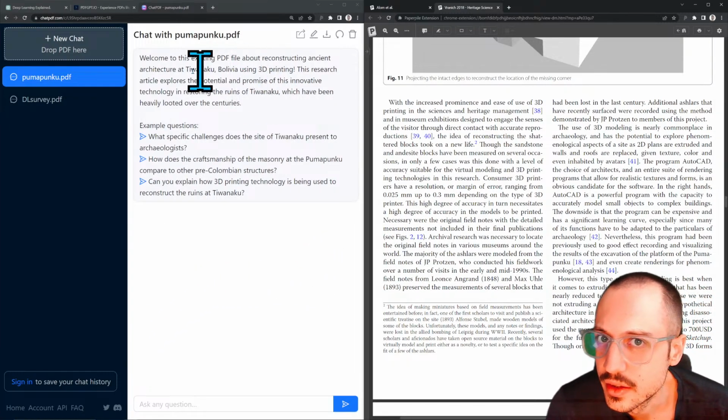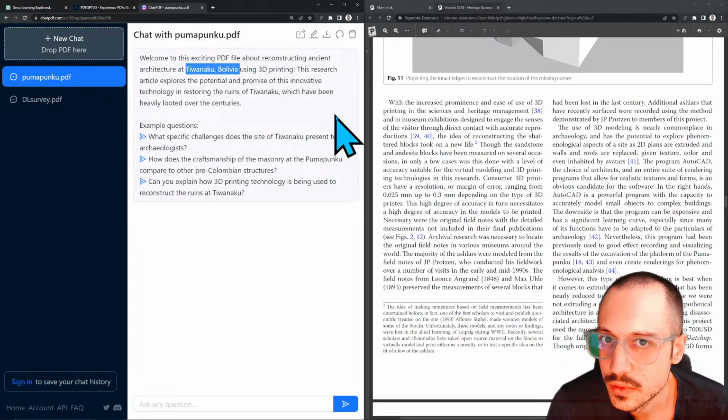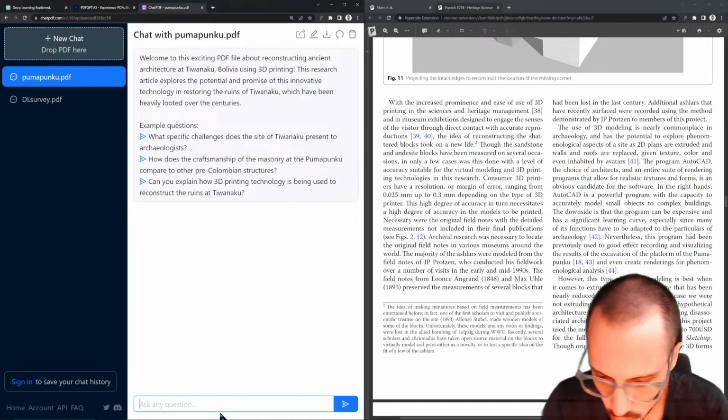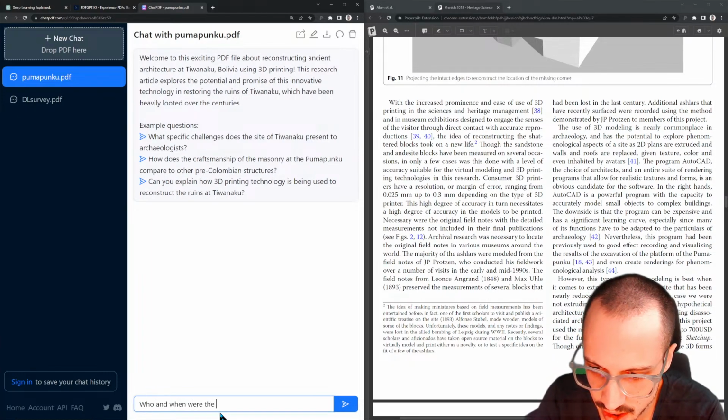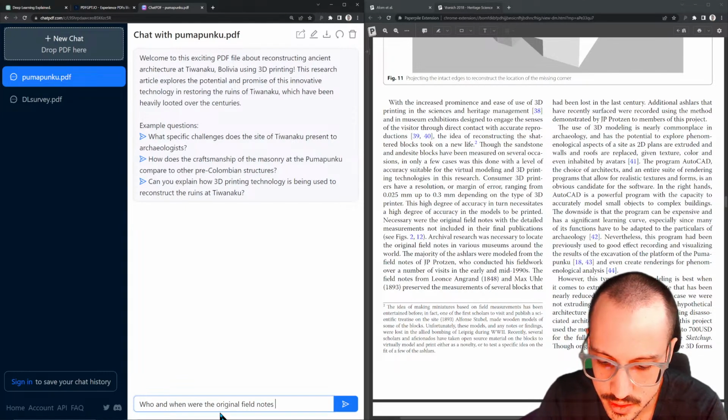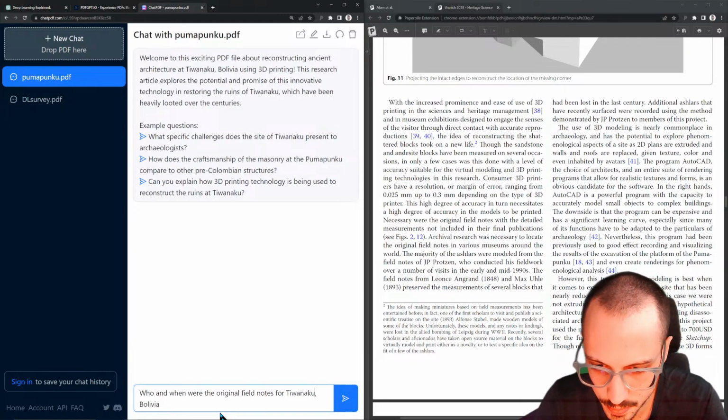Okay. Who and when were the original field notes for Tiwanaku in Bolivia?